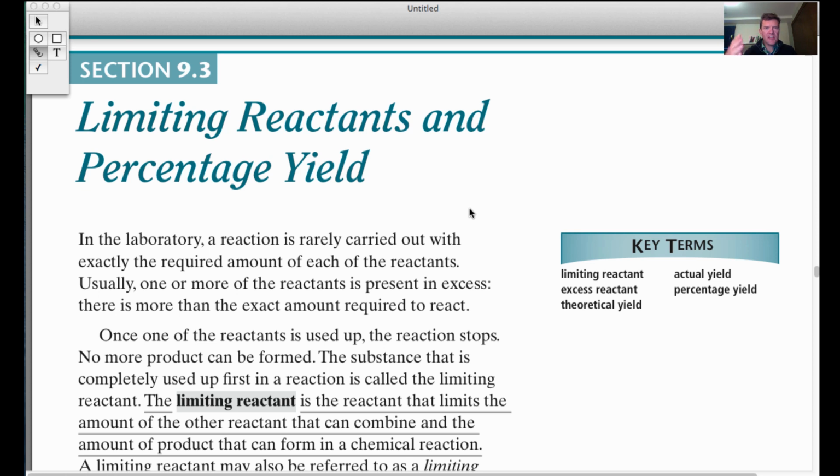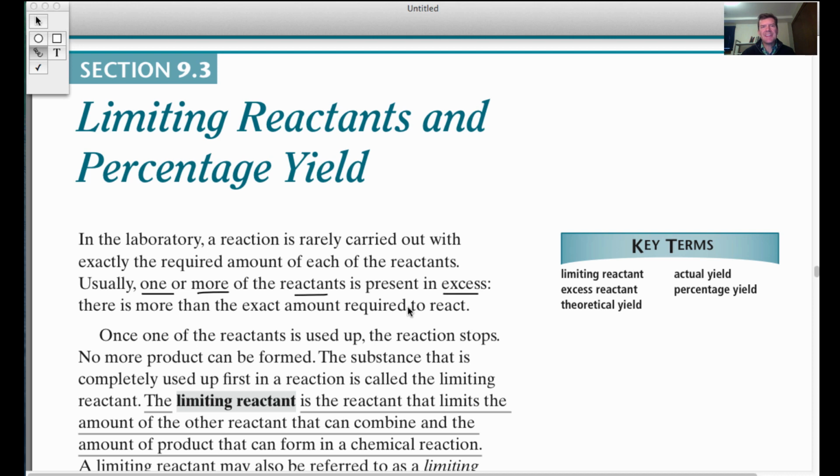All right, in this section, what we're going to be looking at is something that's a little more realistic. Usually in a reaction, one or more of the reactants is in excess. What that means is we've got lots of one of them and not so much of the other.